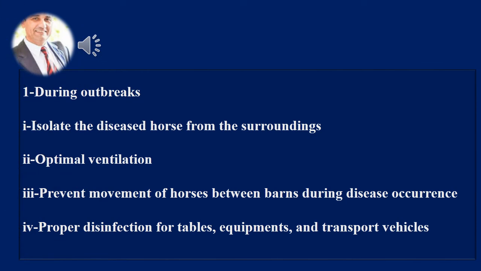During outbreaks of equine influenza, we isolate the diseased equines from their surroundings, ensure optimal ventilation in their barns, prevent movement of horses between barns during disease occurrence, and properly disinfect stables, equipment, and transport vehicles.